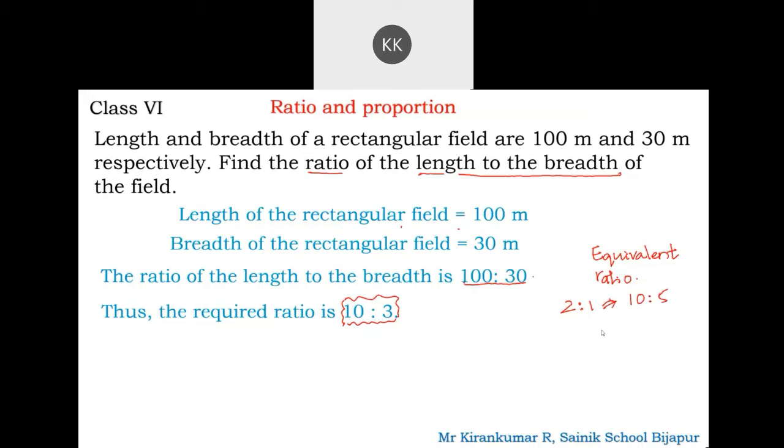Yes, they are the same. Why are they the same? Because both are multiplied by 5. When they are multiplied by 5, we get an equivalent ratio.